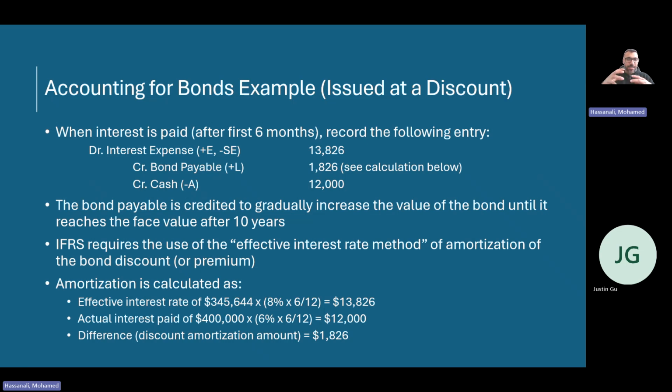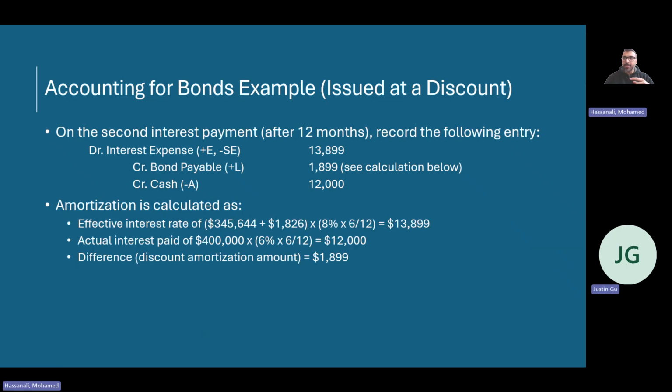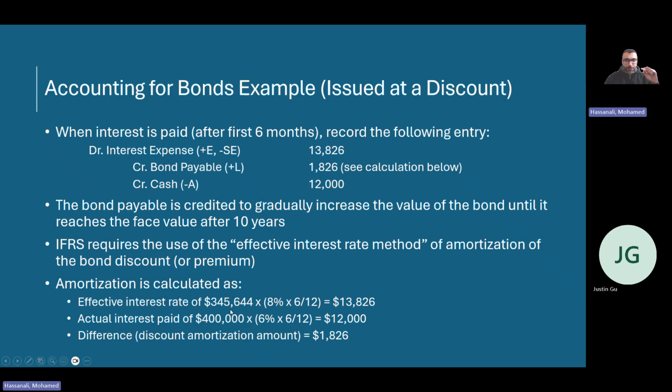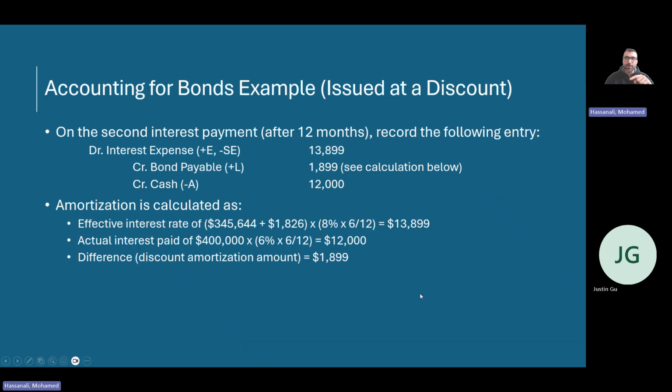That's why the amount you're increasing on the bond keeps going up as well. When you started the first calculation, you used the original discounted bond value of 345,644. But on the next payment, the carrying value of the bond is 345,644 plus the first amortization amount of 1,826, so the base you're using has become a little bit higher.